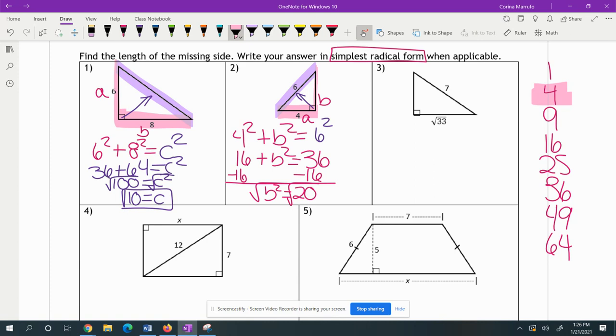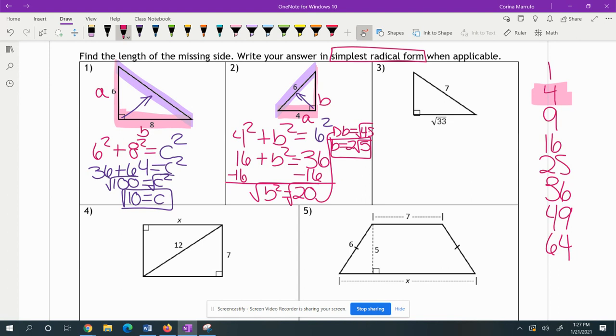So that means that 4 times 5 gives you 20. So b equals the square root of 4 times 5. Now we can take the square root of 4 and get a whole number. That gives us 2. So we're going to take that out. But we can't take the square root of 5 and get a whole number. So it stays trapped inside the square root. So that would be our answer. B equals 2 times the square root of 5.